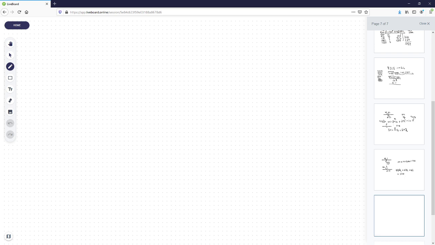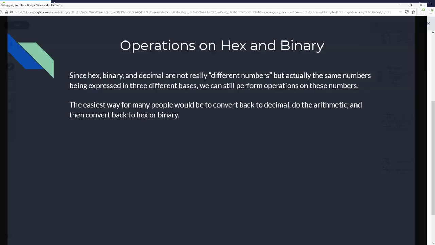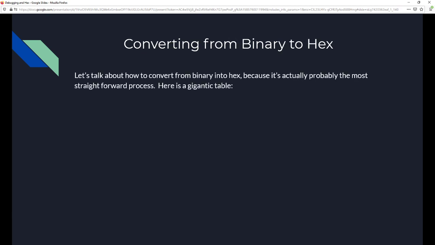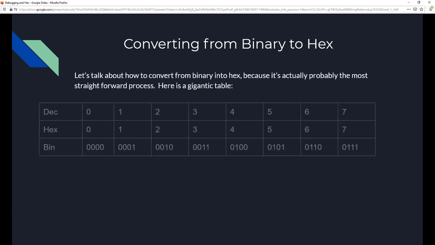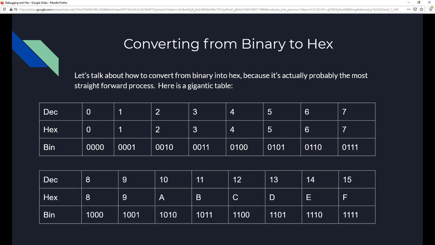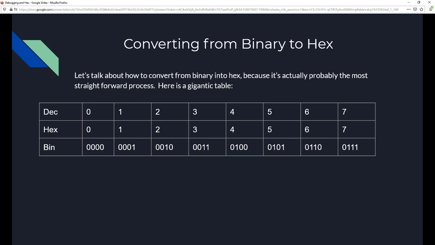Let's convert, I think this is from binary into hex, but it doesn't matter. This is converting either from binary to hex or from hex to binary. So we see that when we go from 0 up to 7, this is binary 0000, 0001, 0010, 0011.